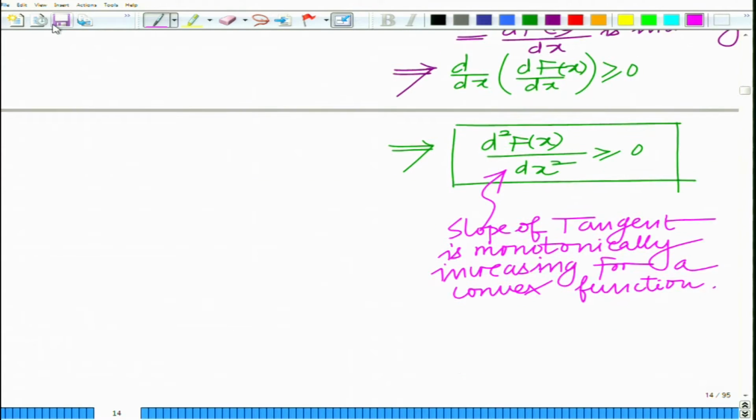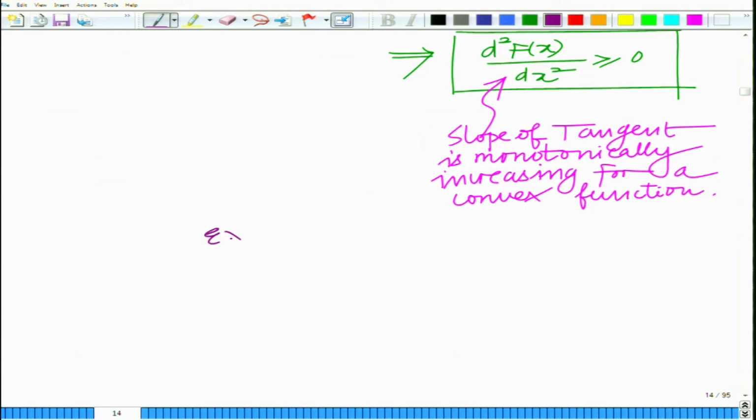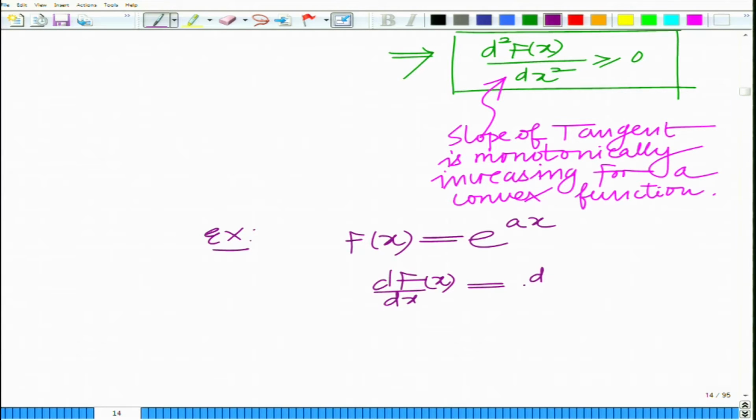Okay. Let us take an example. Consider f of x equals e raised to the power of ax, where a can be less than 0, or equal to 0, or greater than 0. Then df(x) by dx equals d over dx of e raised to ax.